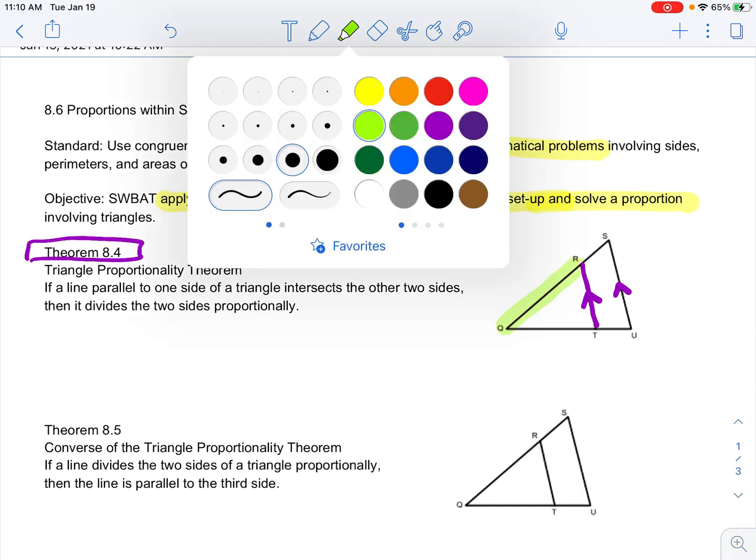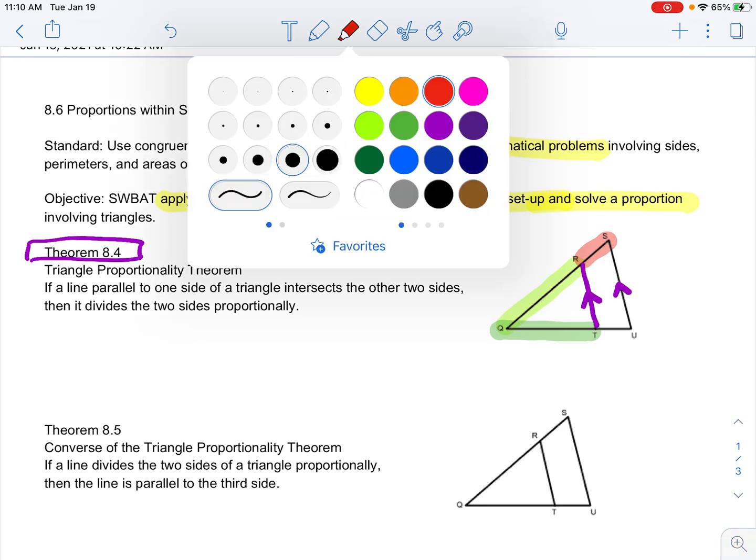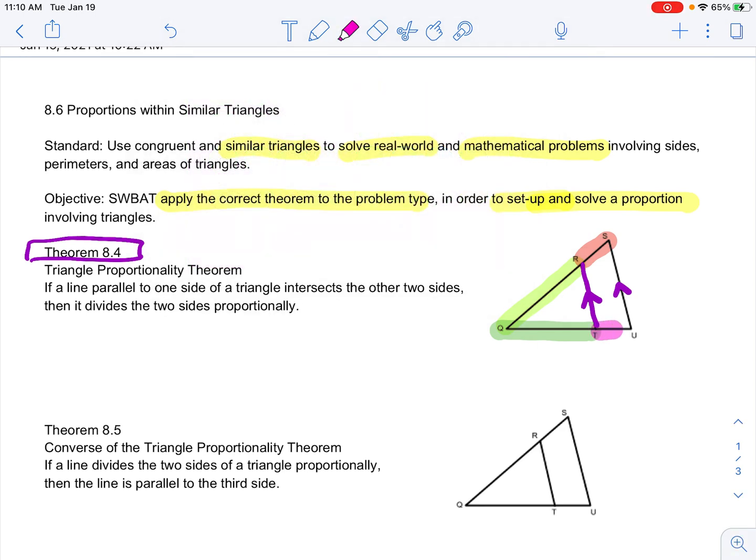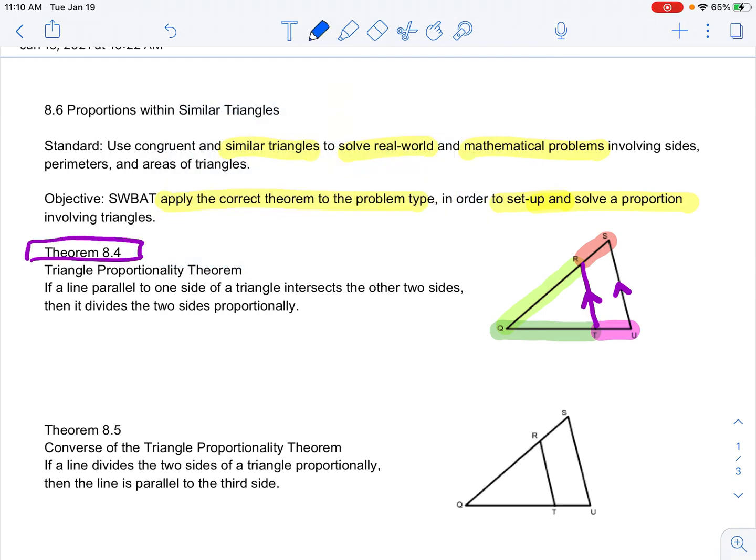Well, that means that QR matches up with QT, and RS matches up proportionally to TU, and that those are equivalent proportions. So QR over RS is equal to QT over TU.